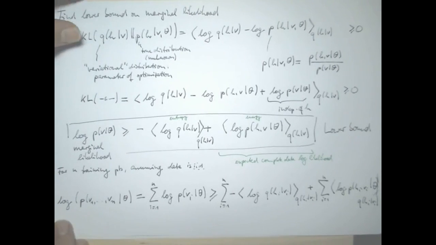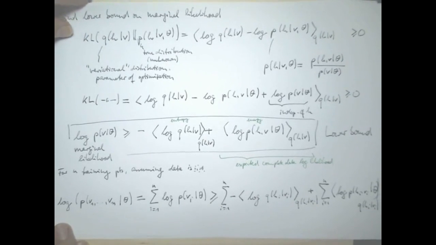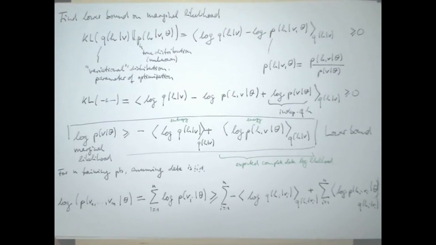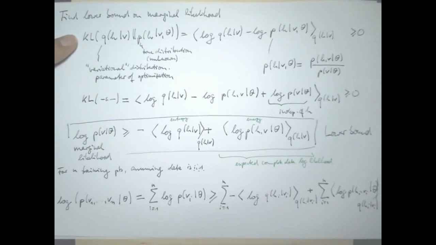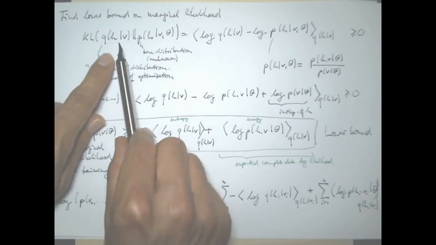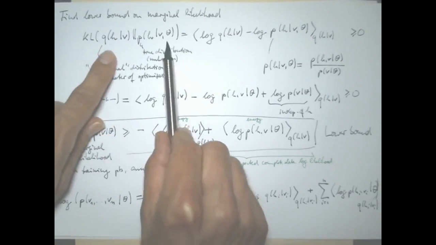And now if you look at the derivation again, we started up here on this page. You see that the bound becomes tight, or becomes an equality, when the first term in the Kullback-Leibler divergence is the same as the second term.